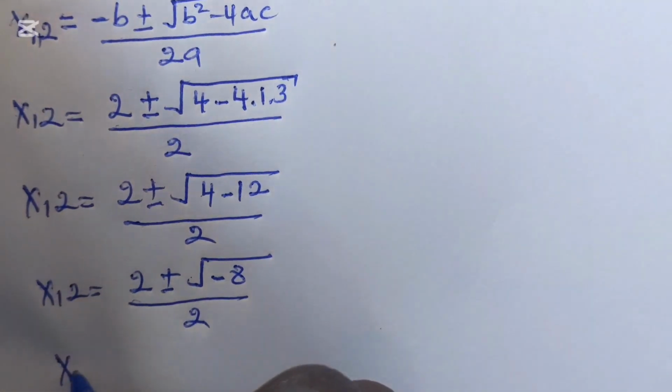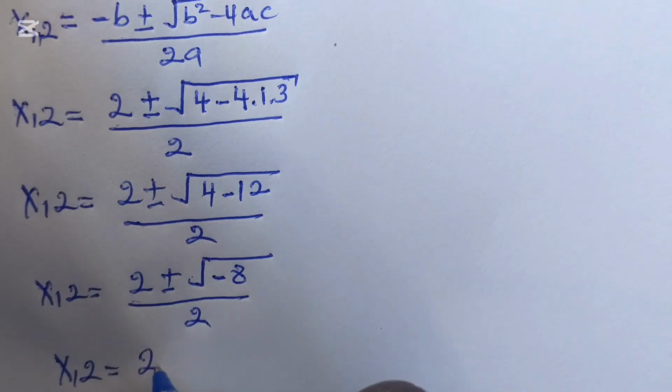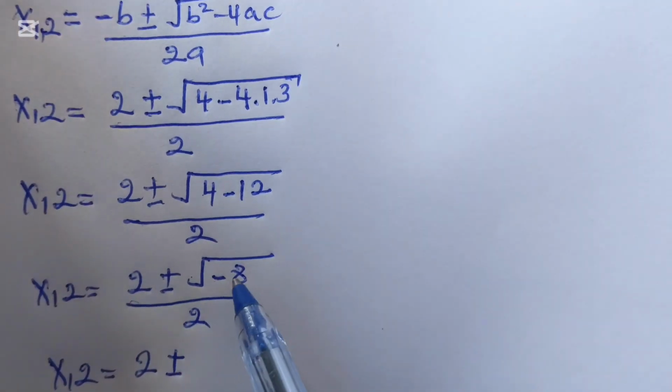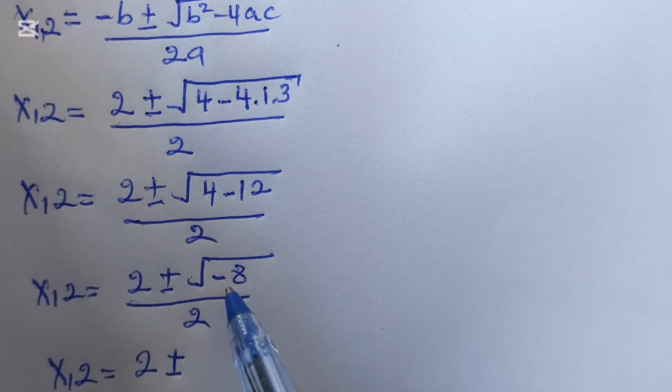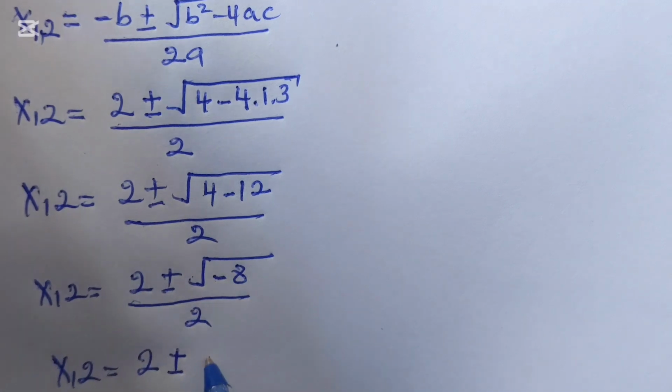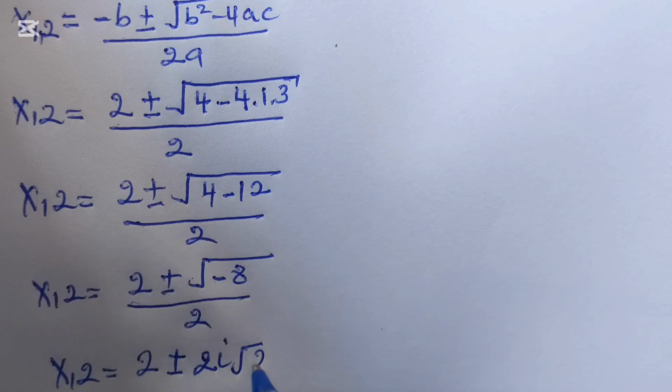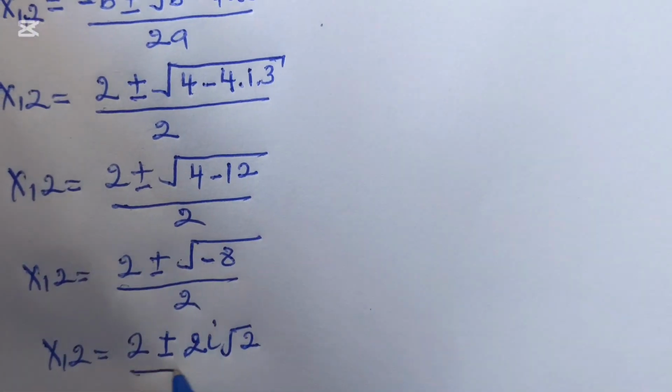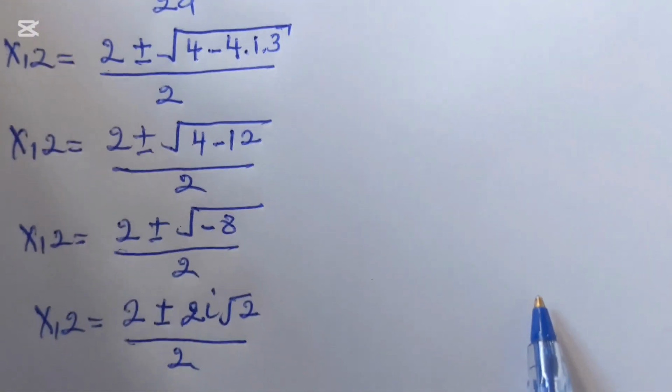Then x1,2 would be 2 ± the square root of 4 times 2, the square root of 4 is 2, the square root of -1 is i, the square root of 2, over 2.